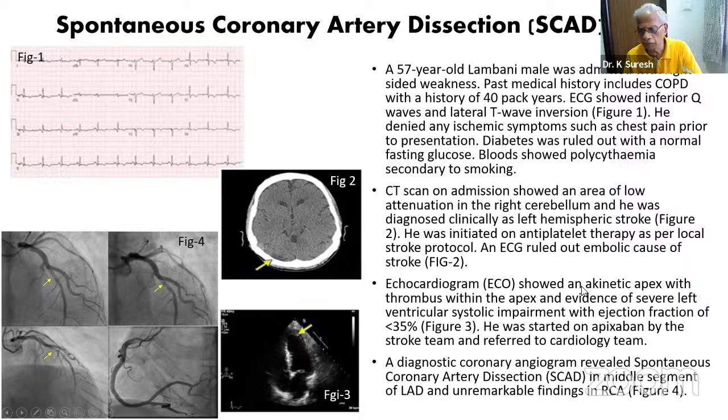Then the echocardiogram showed an akinetic apex thrombosis, just here, and severe left ventricular systolic impairment with ejection fraction of less than 35%. He was started on anticoagulation, and diagnostic coronary angiogram, you can see this, showed a spontaneous coronary artery dissection in the middle segment of the left artery, and then it was proved to be a silent stroke.